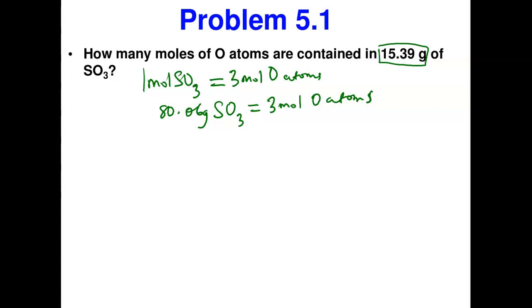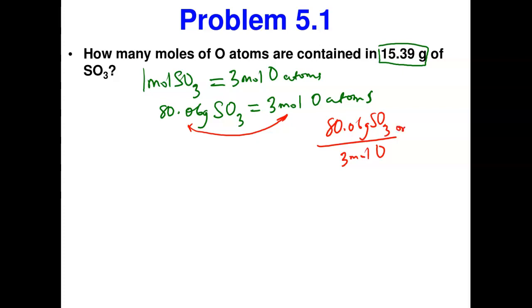And that makes sense because we have that here. This is the conversion factor we need to do that. So we can even write 2 conversion factors from here. This is easy. Okay, let me write it towards this side as usual. So from here, I can say 80.06 grams of sulfur trioxide divided by 3 moles of oxygen.